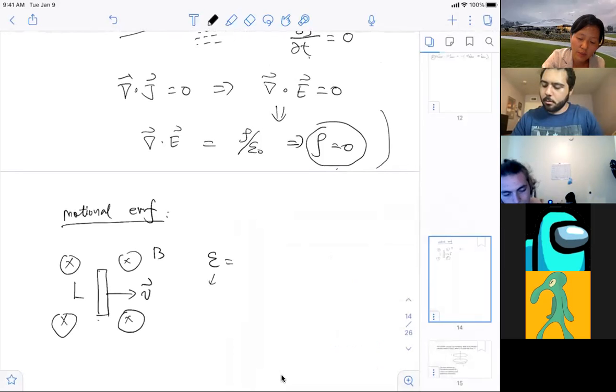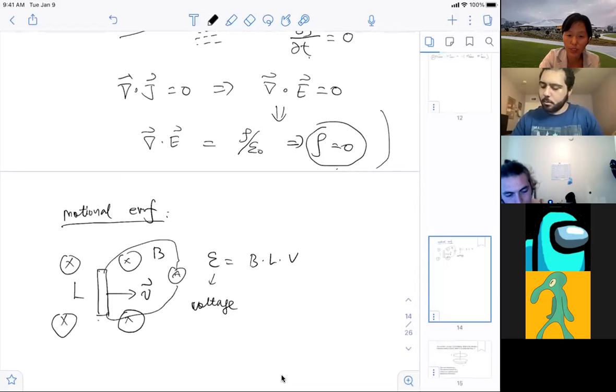This voltage generated is B times L times V. Now, if you connect this with some ammeter, you're going to read some current here. But if you don't have a closed circuit, you're just going to have a voltage across the two sides. It looks like you have generated yourself a battery.